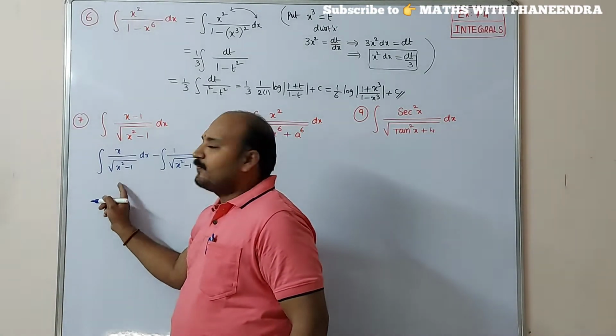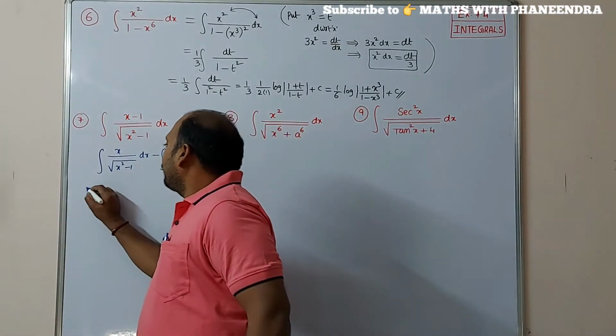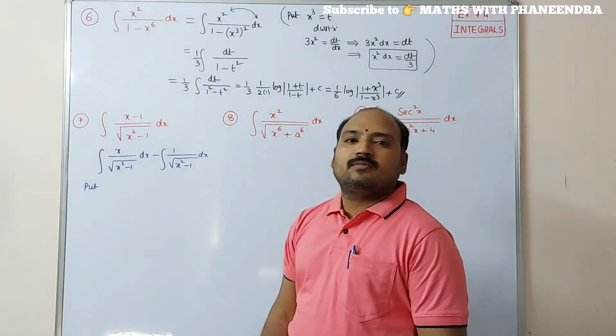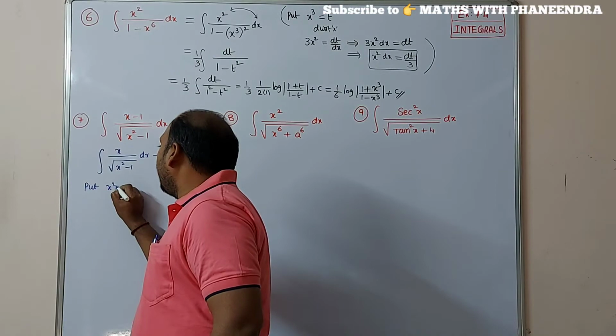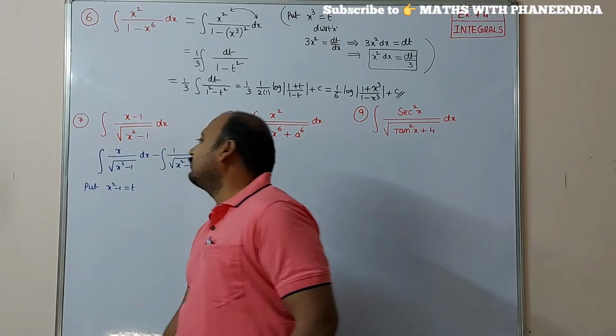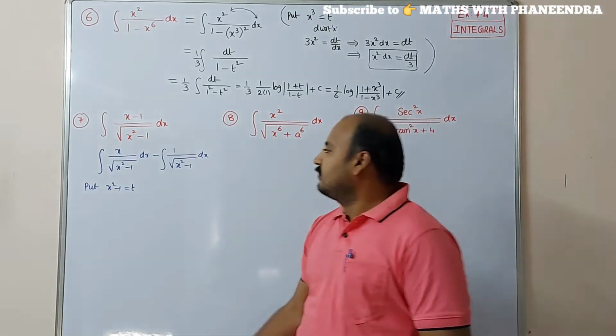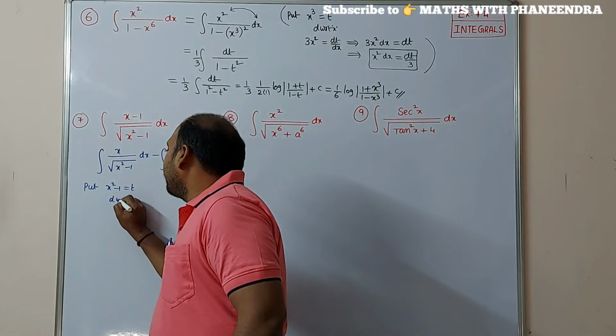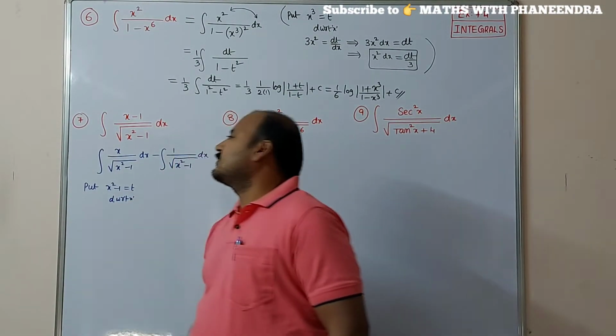Come to here. Put x square minus 1 is equal to t. So differentiate with respect to x.